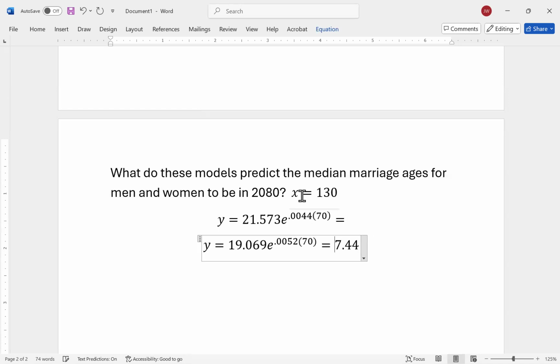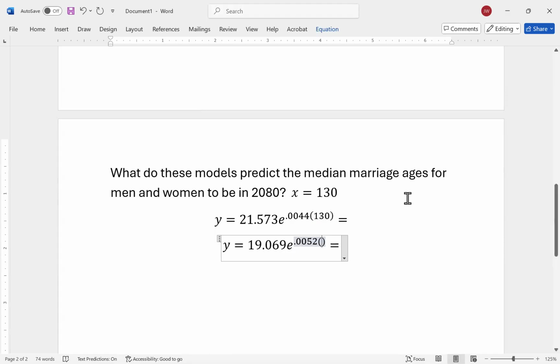So for the men, all we would do is replace that X value with 130. We do the same thing for the women. We'd replace the X value years since 1950. We'd put in 130 and we do our predictions based on these numbers.